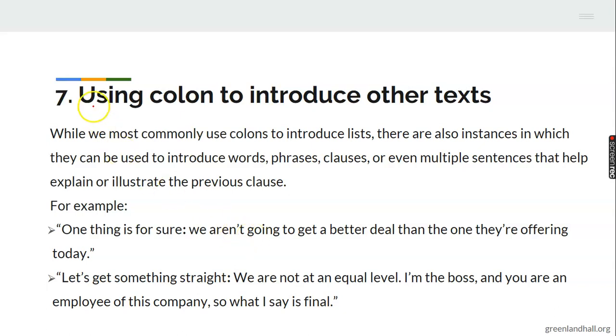Number 7 now, using colon to introduce other text. While we most commonly use colon to introduce lists, there are also instances in which they can be used to introduce words, phrases, clauses, or even multiple sentences that help or explain or illustrate the previous clause.